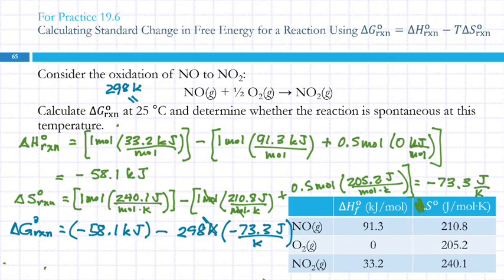These Kelvins are going to cancel out. But this is the problem that shows up over and over again, where we've got one thing in kilojoules and one thing in joules. And so we need to convert one or the other. I think at this point it's just a lot easier to convert this one, because we can do that by just saying that's the same as times 10 to the third. So negative 58.1 times 10 to the third minus 298 times negative 73.3.